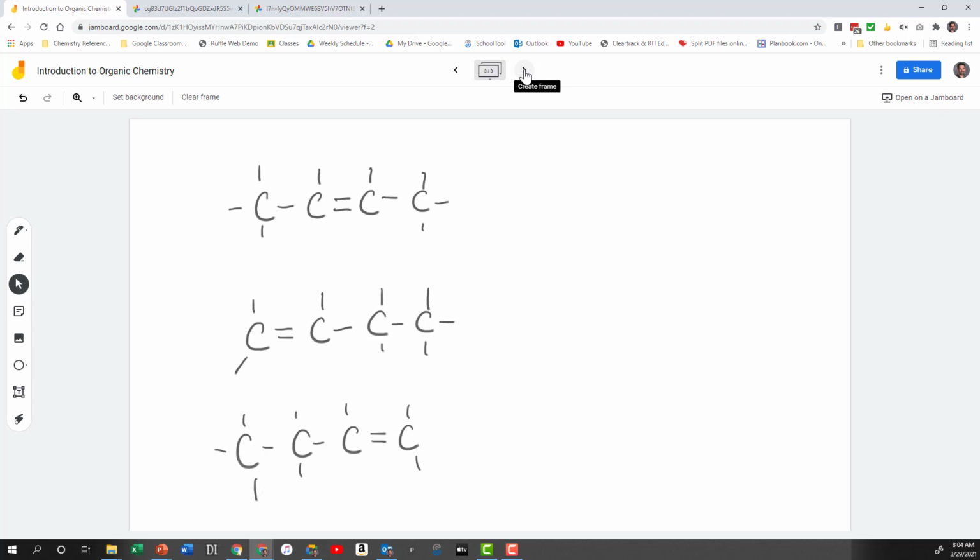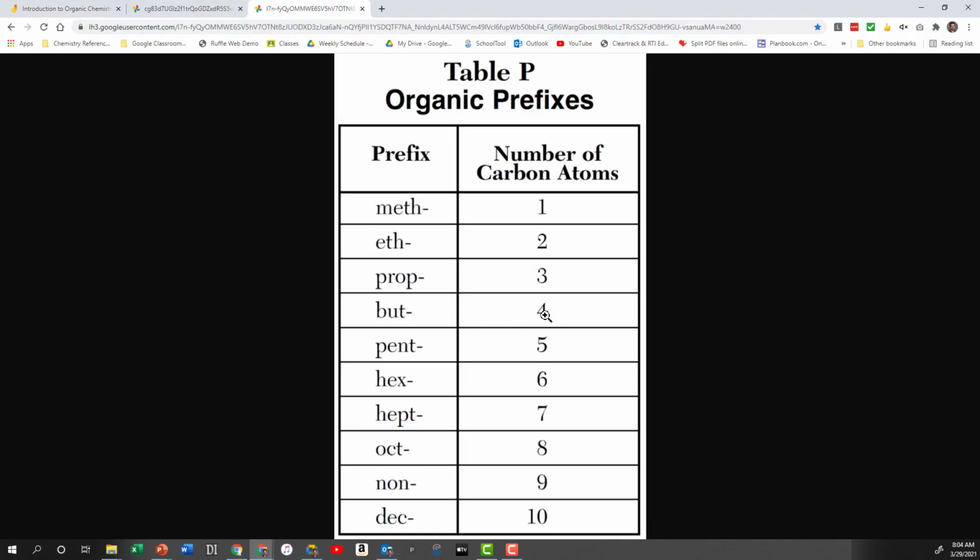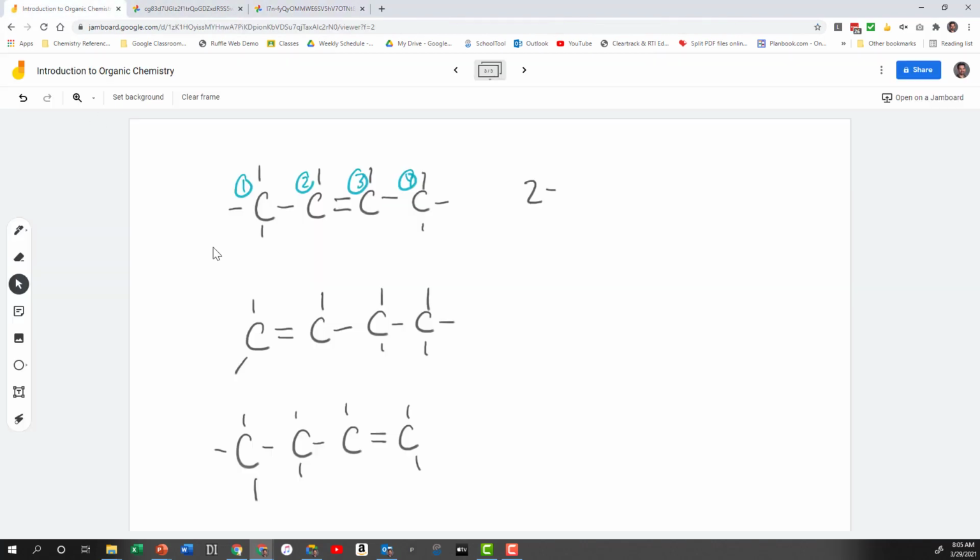Okay, so what we do is number the carbon atoms, and you'll see in a second: 1, 2, 3, 4. All right, these carbon atoms are numbered. This starts with but, so this is 2-butene.